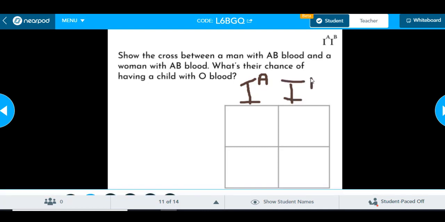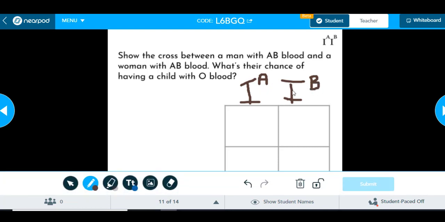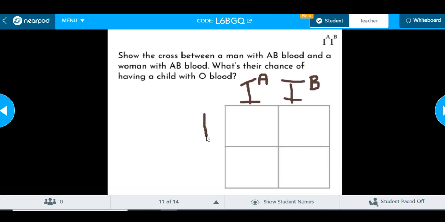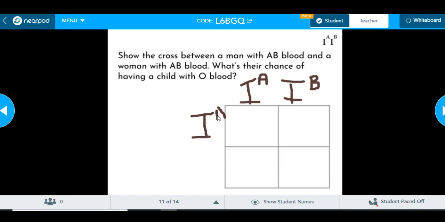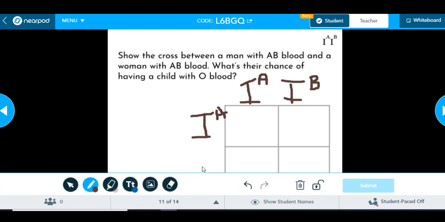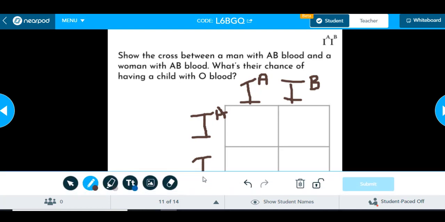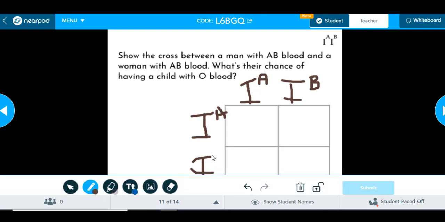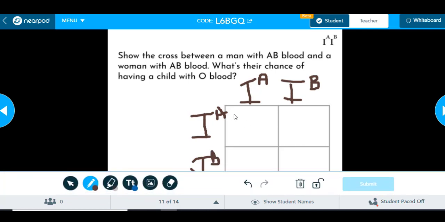One parent has AB blood. I know that corresponds to this. The other parent has AB blood. And I'm, again, just going to use A's and B's, and I'm going to make this I really small, because it's too hard for me to write this with my mouse pad.